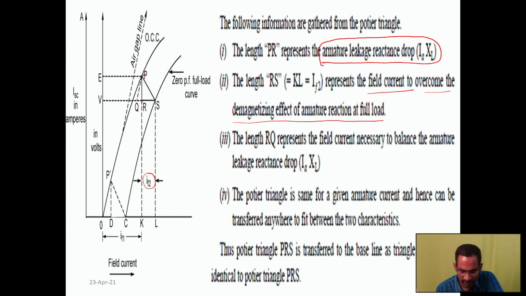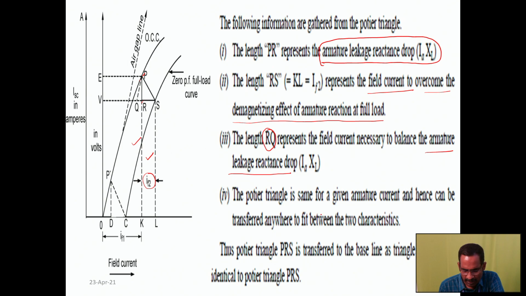So it is the field current required to overcome the demagnetizing effect. Then QR or RQ represents the field current necessary to balance the armature leakage reactance drop.